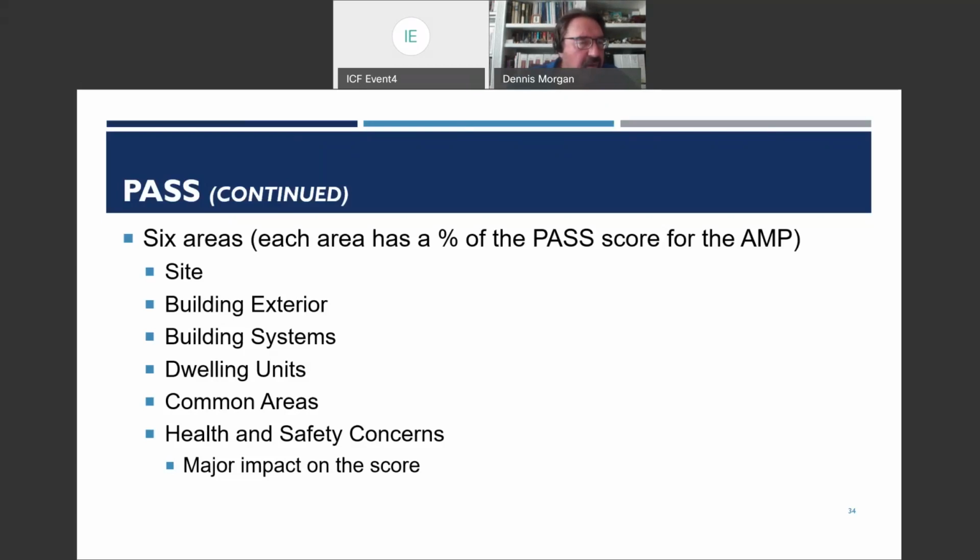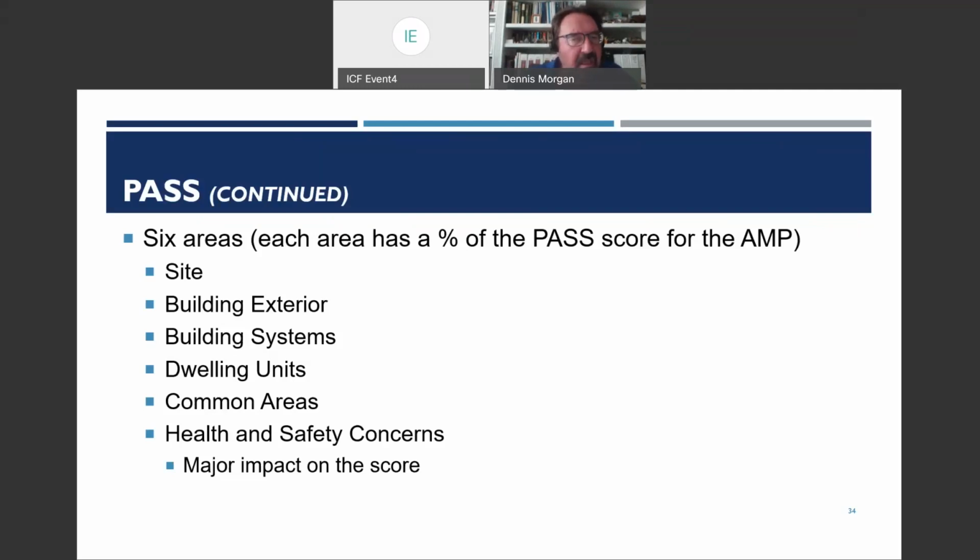Health and safety will not only take away points from the site or building exterior or building systems or dwelling units or common areas, but it'll also take away additional points based upon the health and safety. And the health and safety will be subdivided into 2 areas. One is called LT, better known as life-threatening, and the other is NLT, better known as non-life-threatening as well.